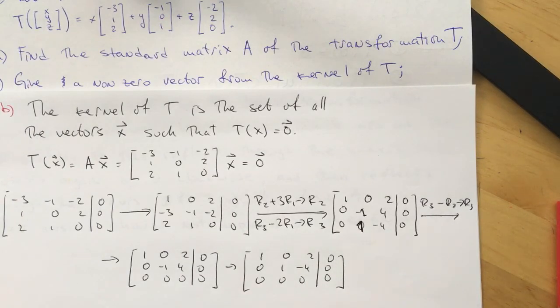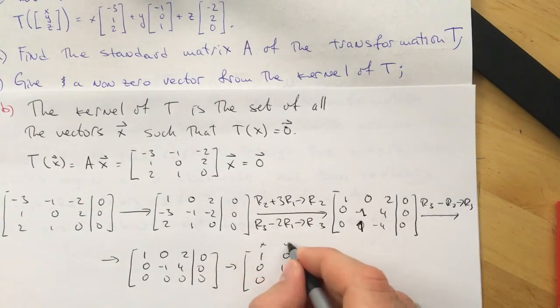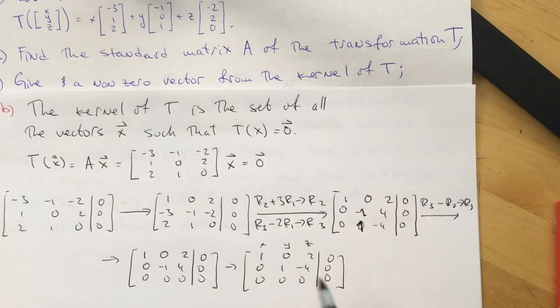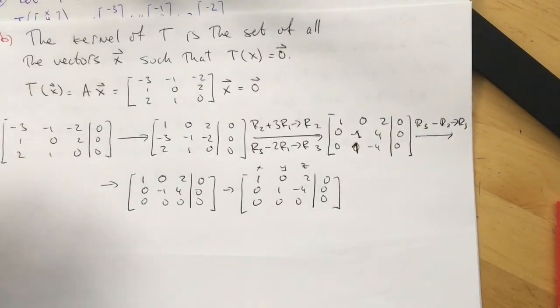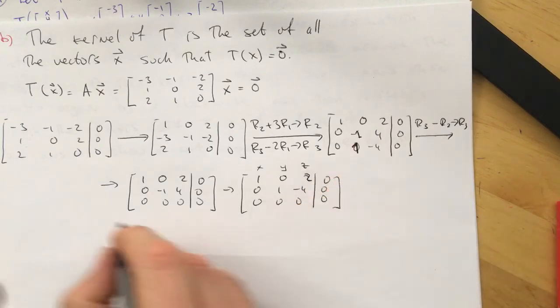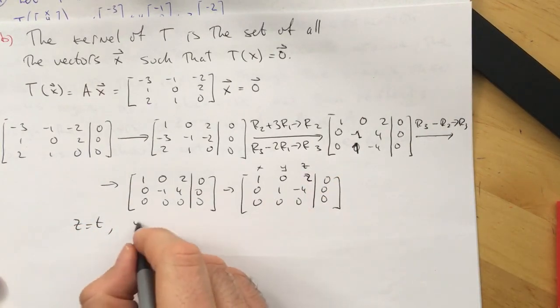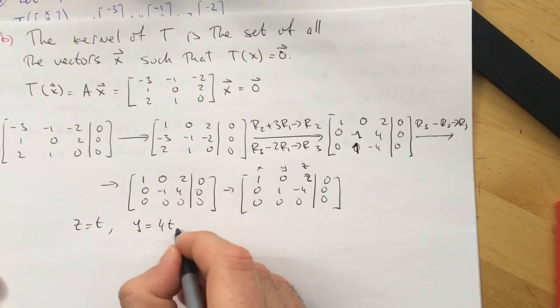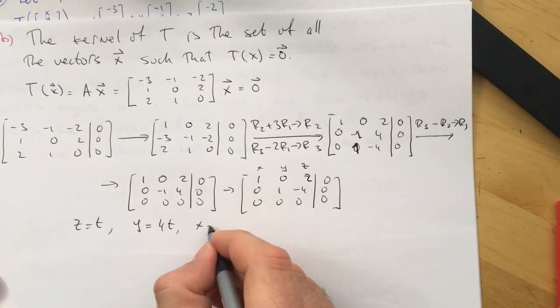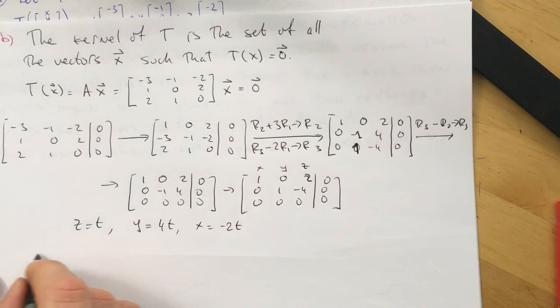Okay? So these are some entries for x, y, and z. As you can see, z will be a free variable, so z is equal to t, y is equal to 4t, and x is equal to negative 2t.